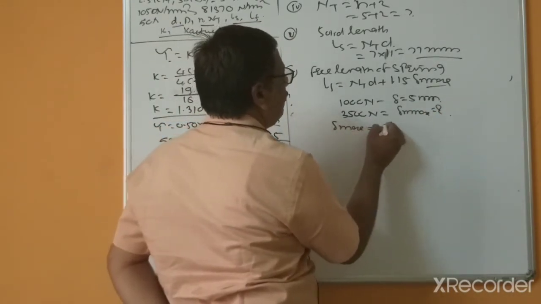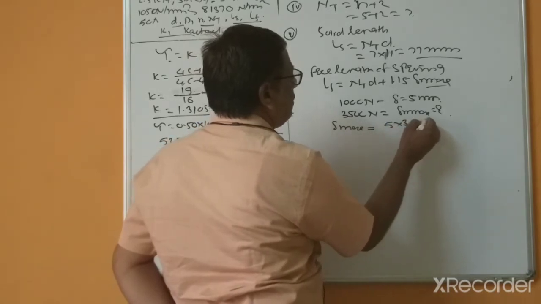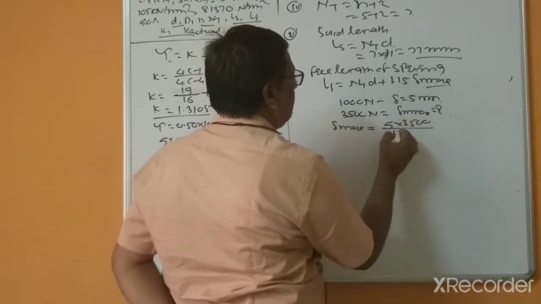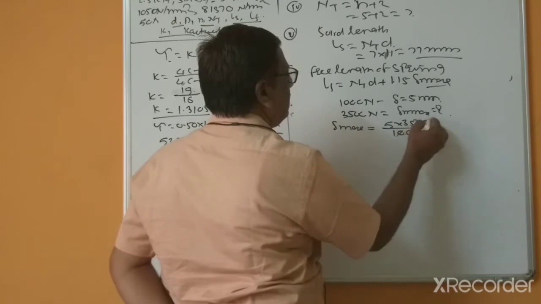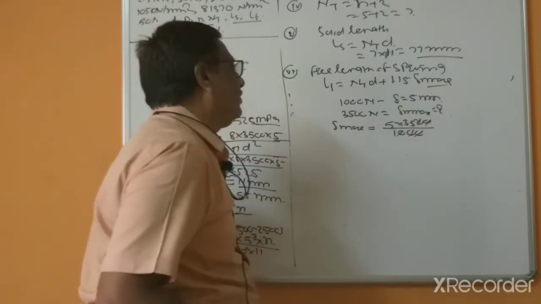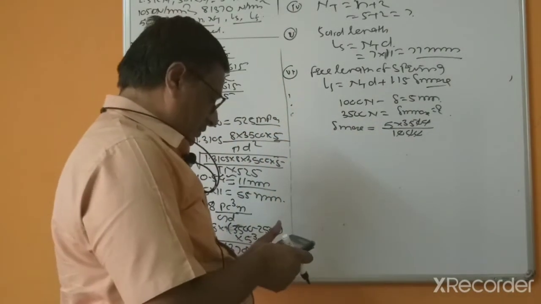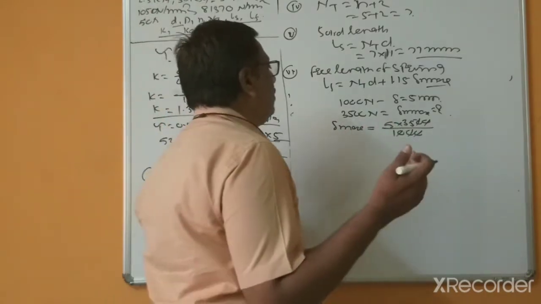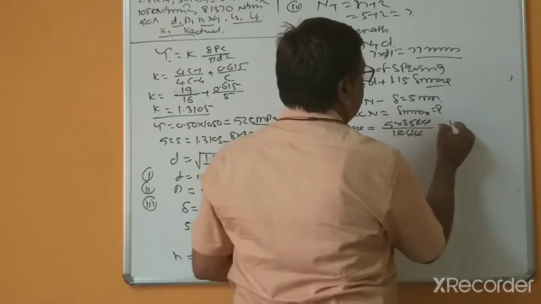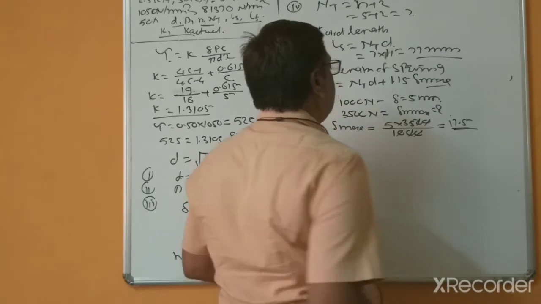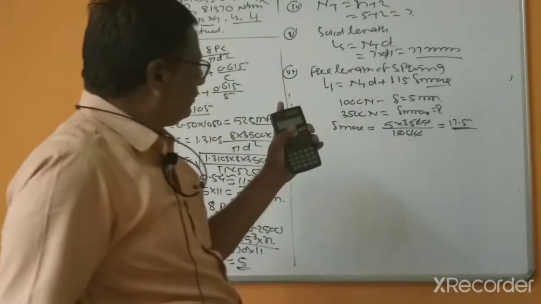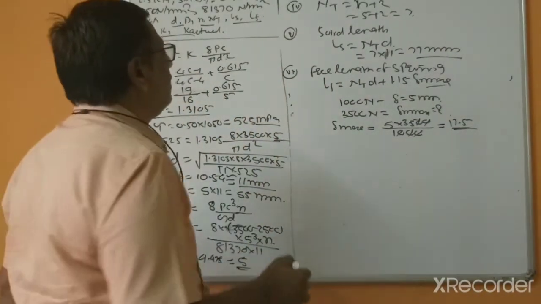Delta maximum equals 5 into 3500 divided by 1000. 3.5 into 5, that is 17.5, delta max.